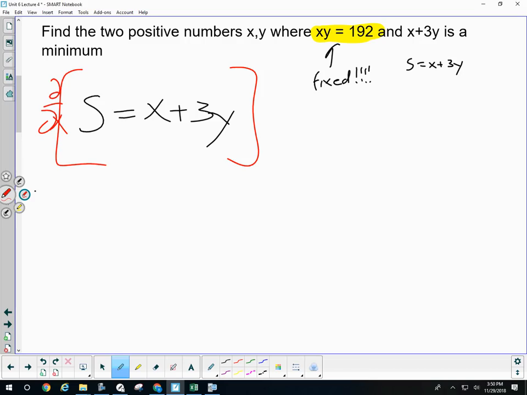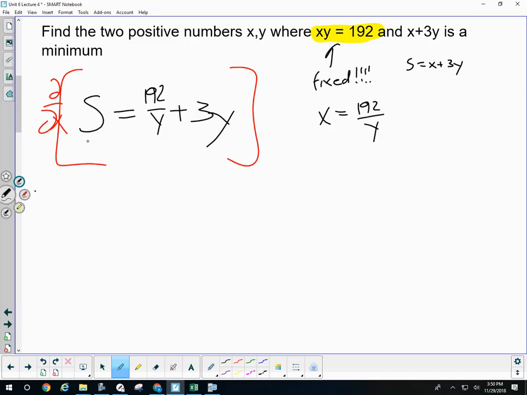Take your fixed thing, solve for a value, plug it in. That's what we're going to do. Let's solve for x. Why? Because it just has one extra thing. x is 192 over y. Let's go ahead and, before taking this derivative, plug this in as 192 over y.